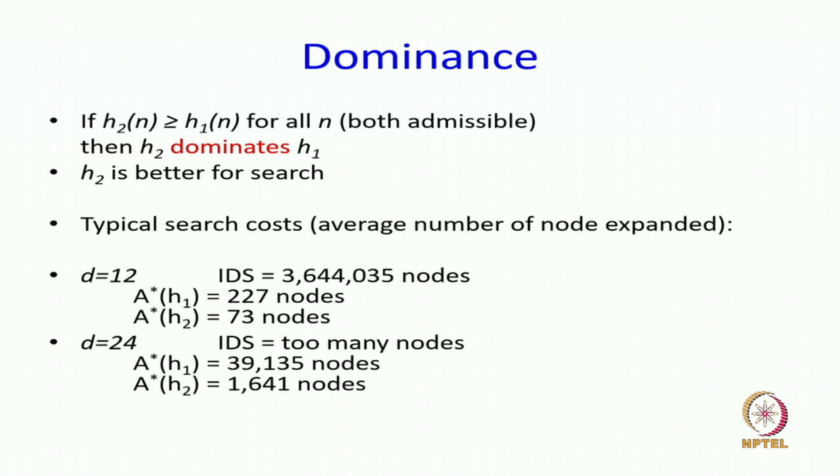And here H1 is not even that good a heuristic. As you can see, if the goal is at depth 24, iterative deepening search never gets it. A star on H1 does get it after 39,000 expansions, whereas A star on H2 gets it only after 1600 expansions.